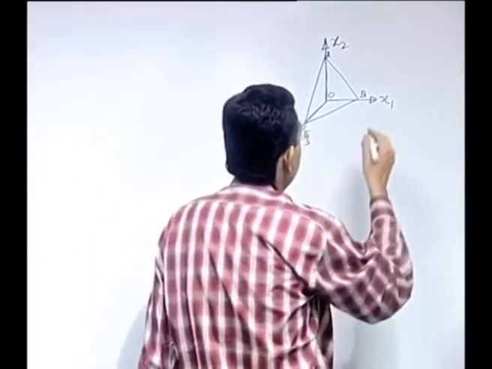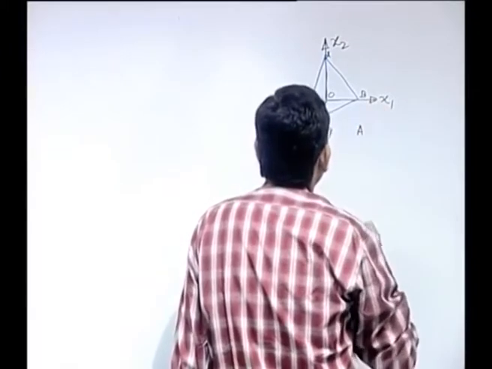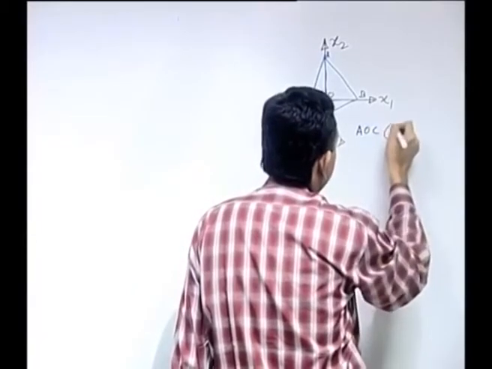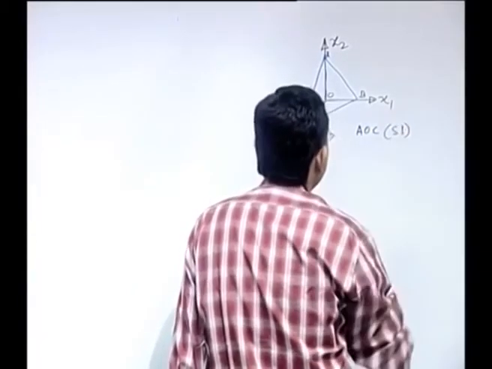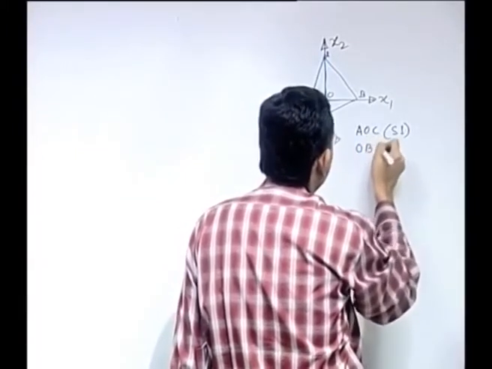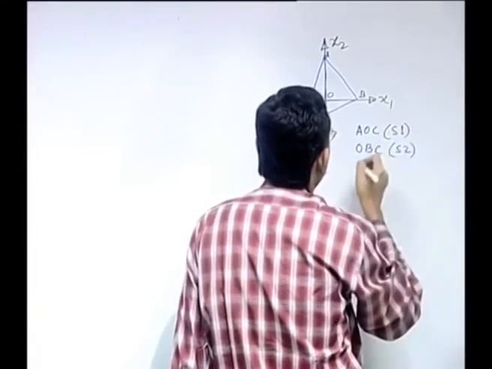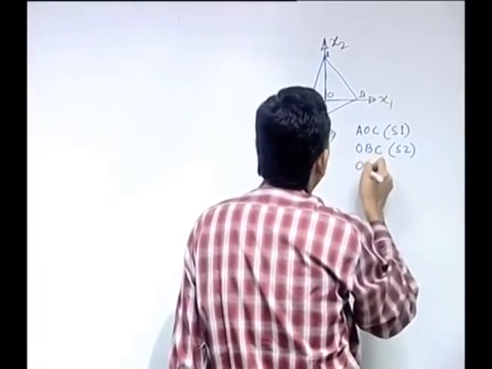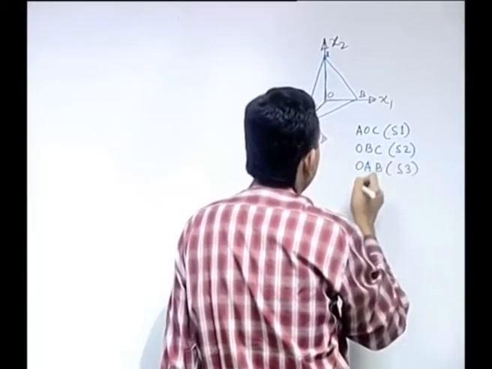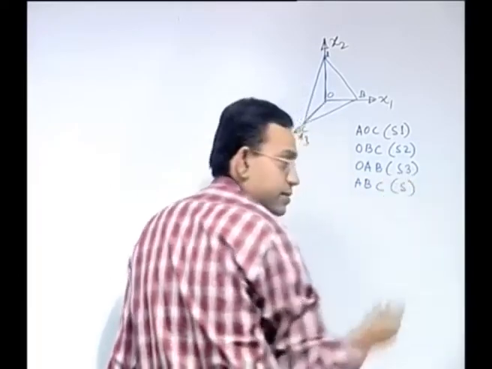You have 4 surfaces. Let us mark these surfaces: AOC we give the name S1, surface number 1; OBC, S2, surface number 2; OAB, S3, surface number 3; and ABC, which we give the name S.